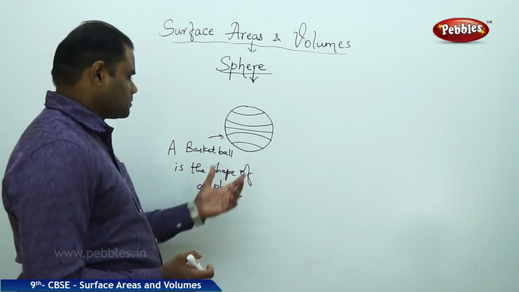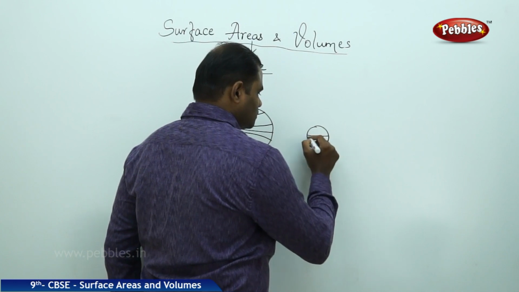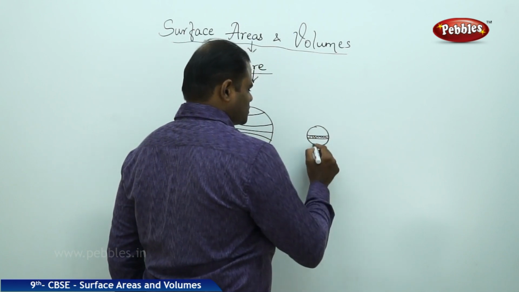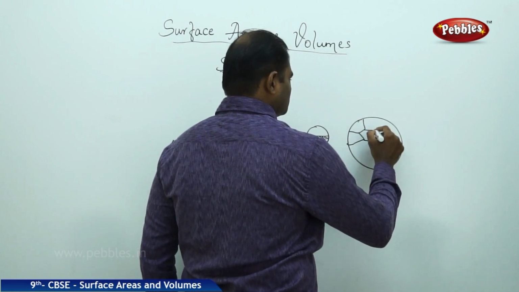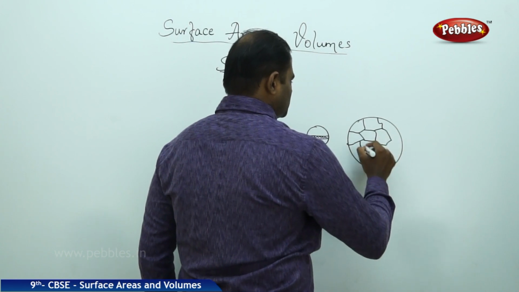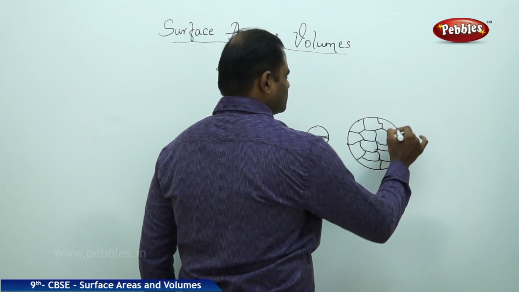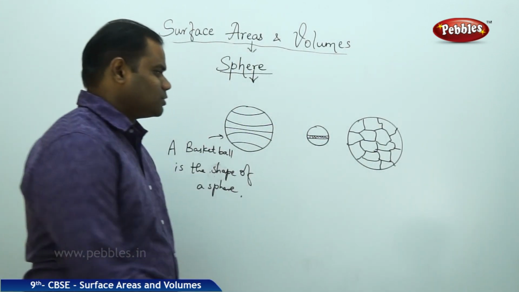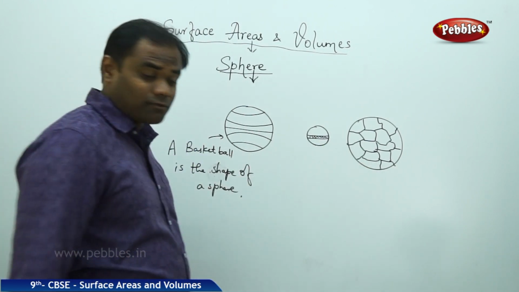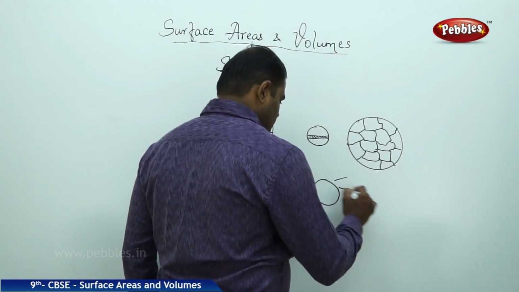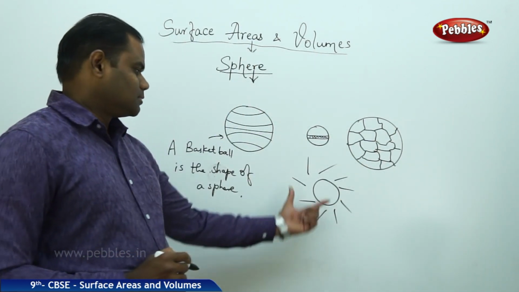We have seen different objects which look like a sphere: a basketball, a cricket ball, a football, and the sun, which also looks like a sphere when seen.